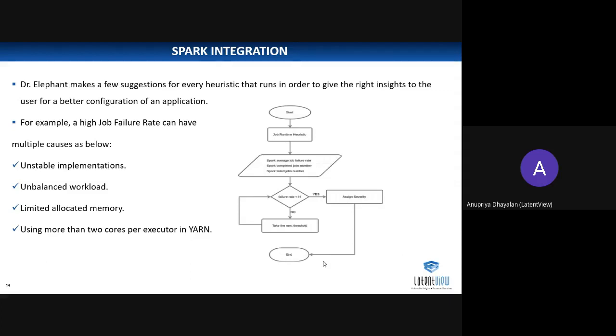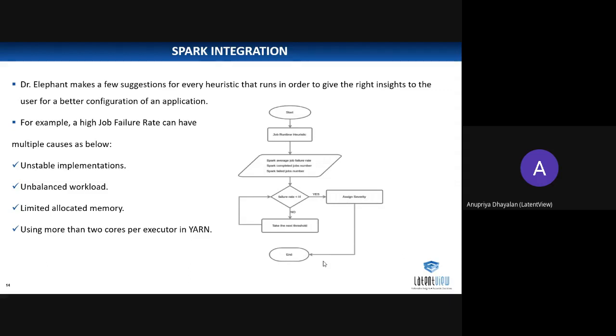So all this kind of job failure analysis we can integrate using Dr. Elephant. On top of these heuristic rules, we get a set of reports, and using that report we can fine tune our performance based on the suggestions provided by Dr. Elephant.